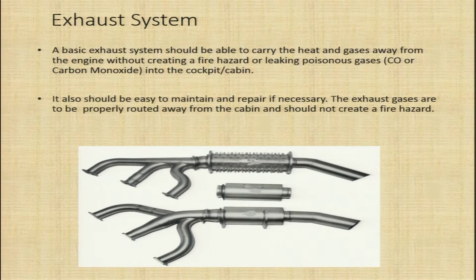So, the basic purpose of the exhaust system is to carry the heat and gases away from the engine, so that they do not become a fire hazard, and so that the poisonous gases, carbon monoxide especially, do not leak into the cabin or the cockpit. It also should be easy to maintain and repair if necessary.